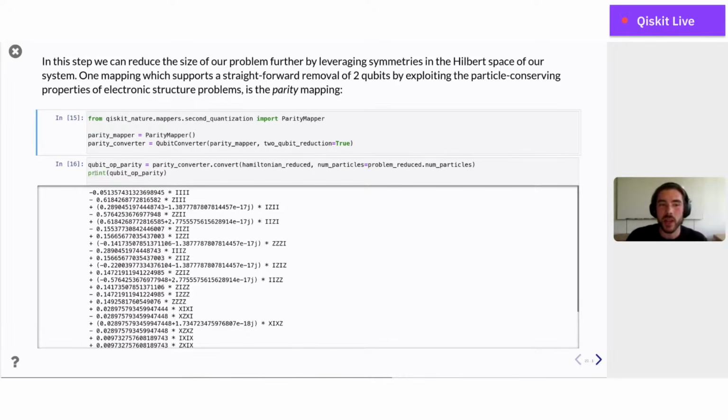And now, investigating this qubit operator again, compared to the one before, we only have 4 qubits compared to 6. So this will result in the exact same eigenvalue. It's just simpler to simulate because we require fewer qubits to simulate the system. Note that there's an artifact here that we have some complex phases, but all of these are negligibly small. So on the numerical precision, these are identical to 0.